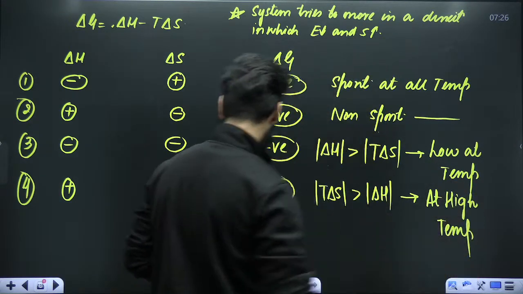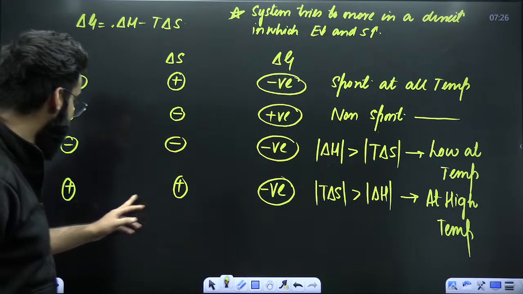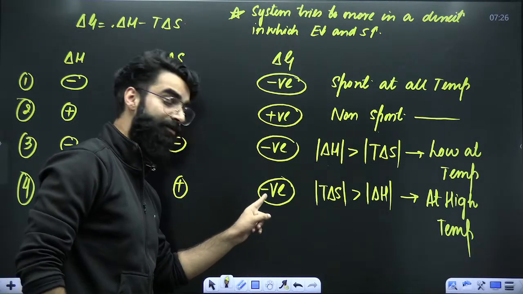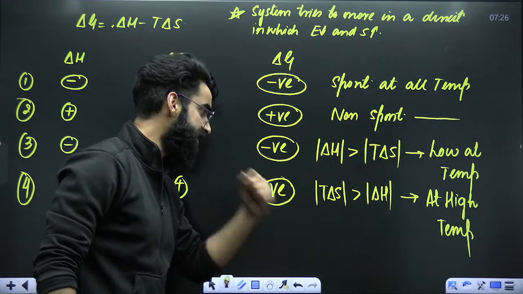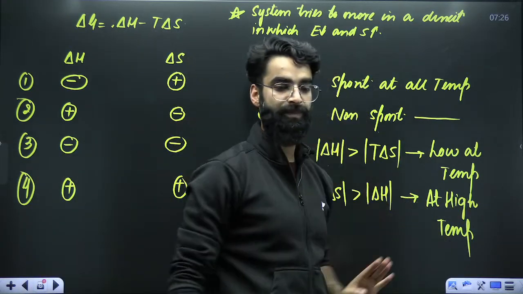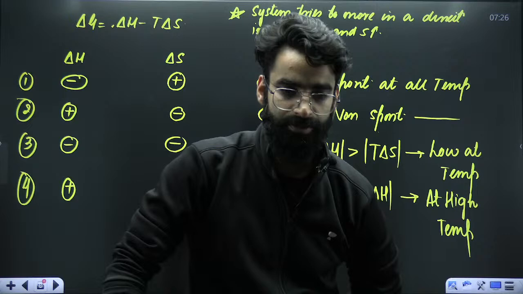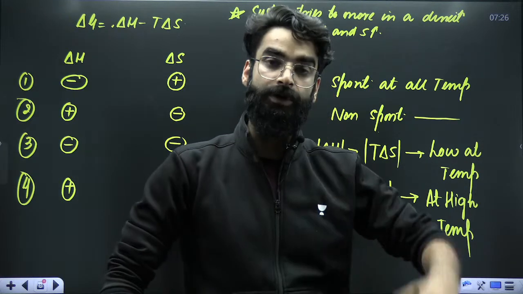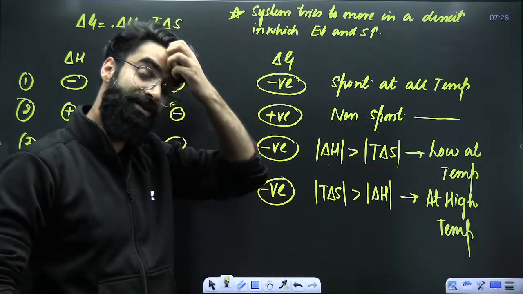So any such process whose delta H is positive and delta S is positive will be spontaneous only at higher temperatures. That's all what you have to remember. I hope this is clear to everyone, right?